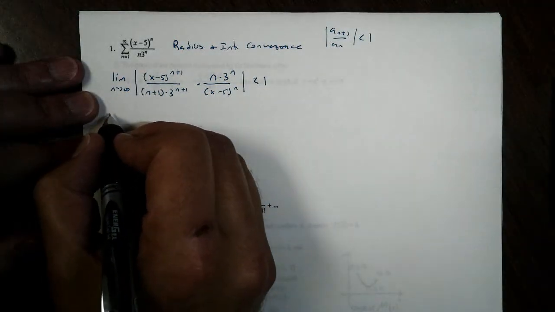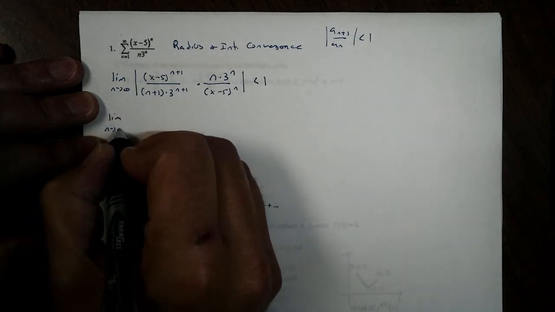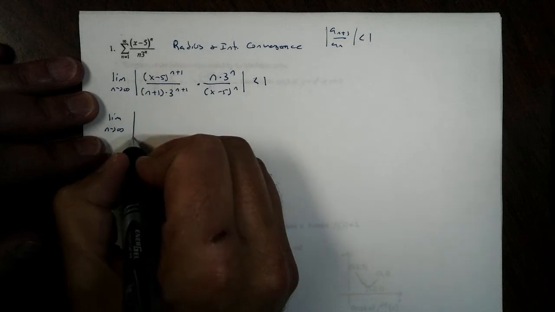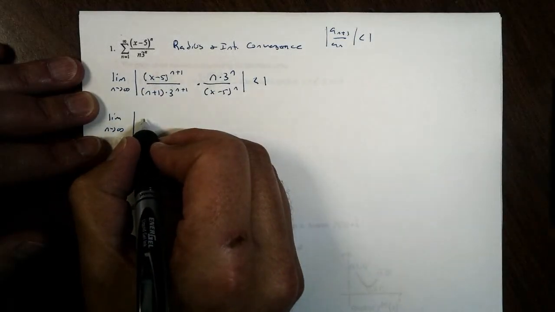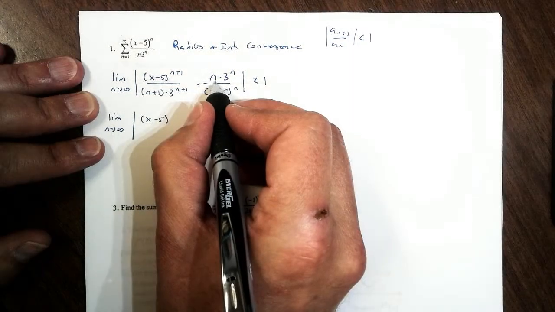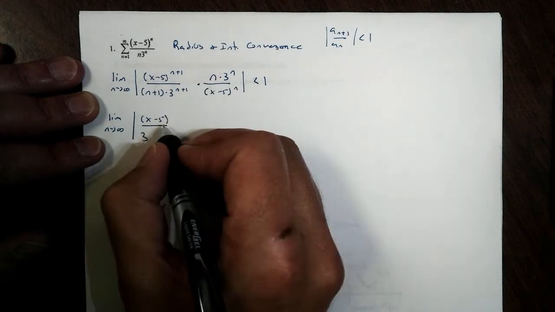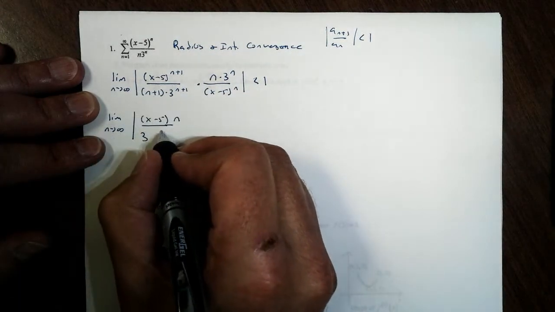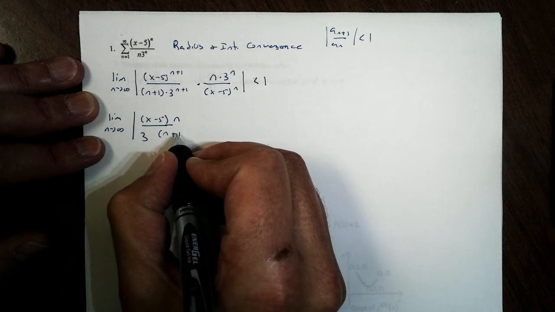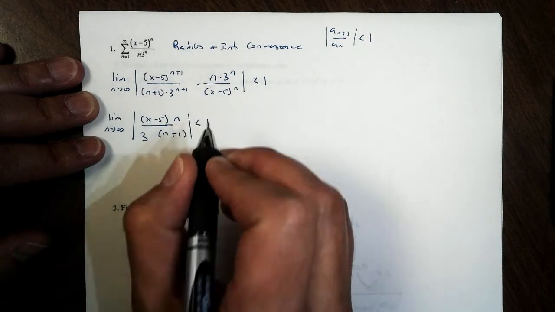When we simplify this one, we get the limit as n goes to infinity, and this just becomes x minus 5 on top, and we get 3 on bottom. But there's not much I can do with this n or this n plus 1 here, so I'm just going to leave those. And it has to be less than 1.